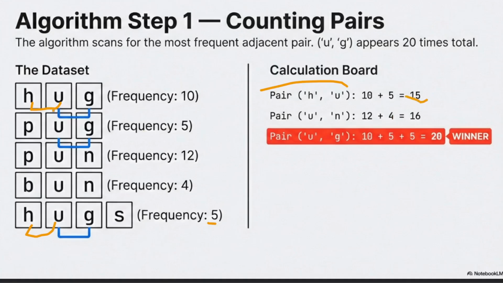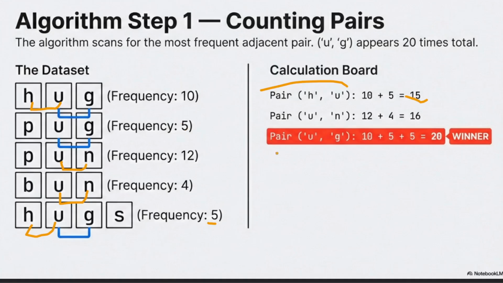UN is 12 plus 4, so 16. UG is 10 plus 5 plus 5, so 20. We do this for every single pair of two characters next to each other.